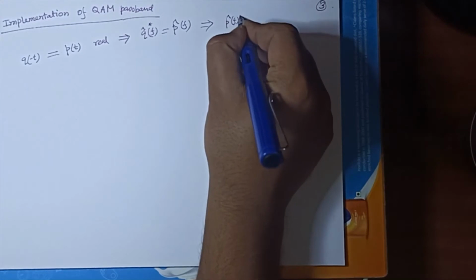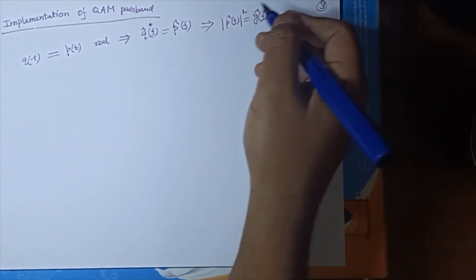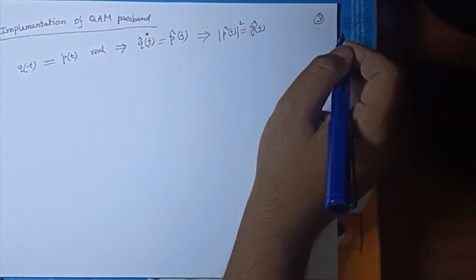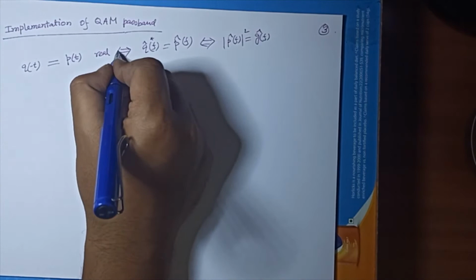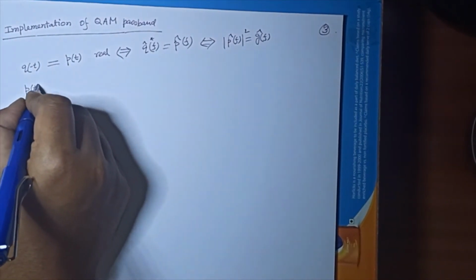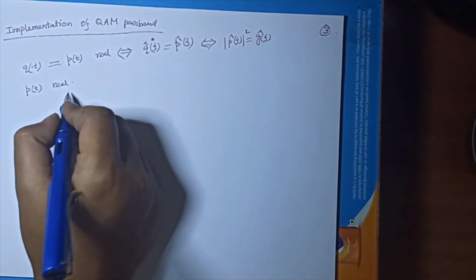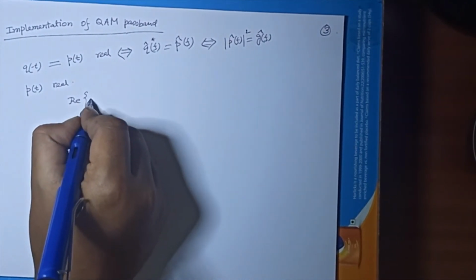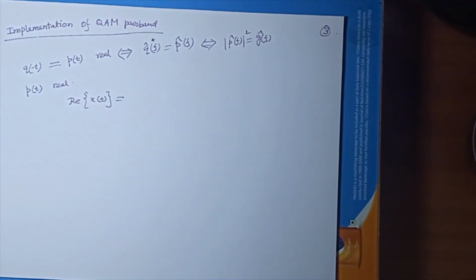So |P̂(f)|² is equal to G(f), which is real, non-negative and symmetric. So I can get some real p(t). If p(t) is real, then life is a little easier. Then your x(t) can be written as follows, because for real x the thing is separated.